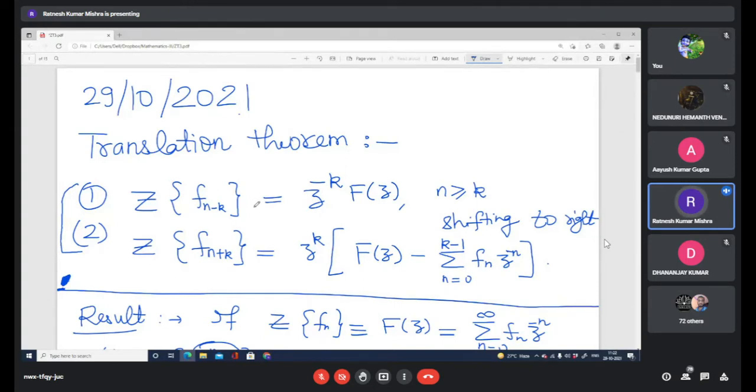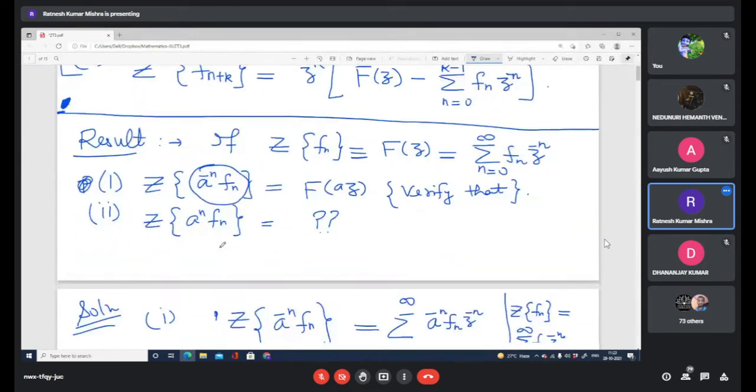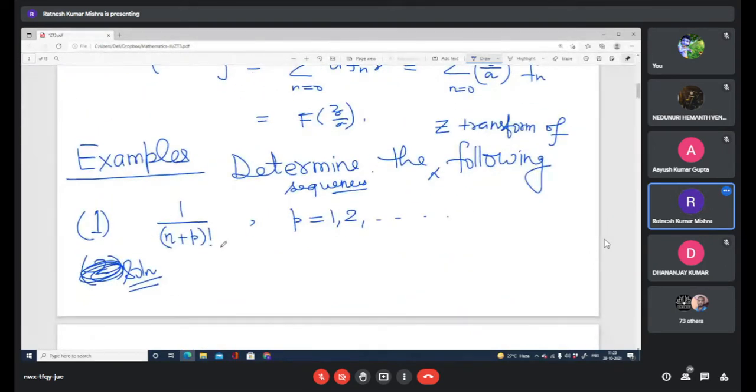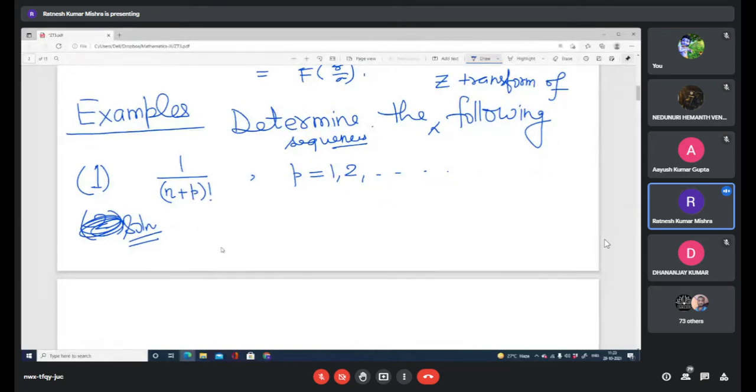How can you find it? Okay, not the first, it is for f(n), so we will use this result. So suppose f(n) is, let's assume that, you find the z transform of this. So let f(n) be 1 upon factorial n.